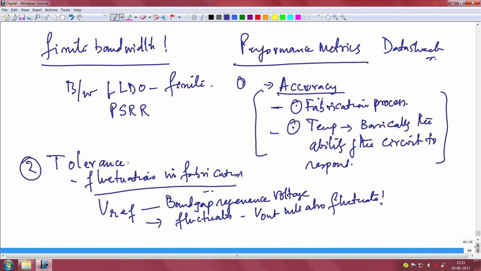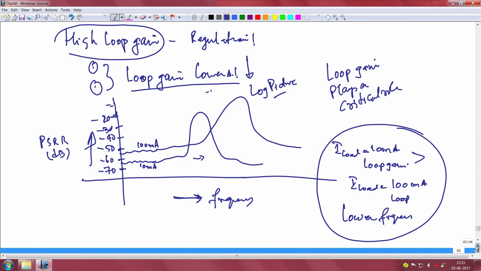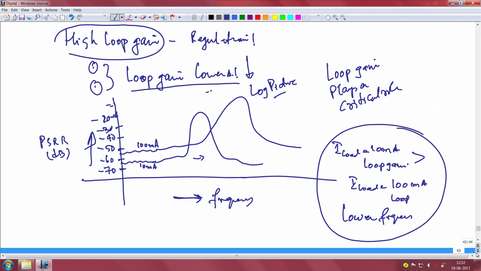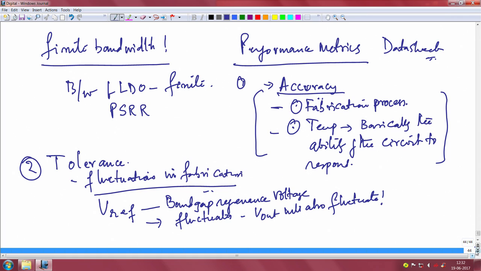I hope you will agree, because we have been discussing LDOs so much, that V out depends on this Vref, and if this fluctuates, this V out will take a beating as well. So, all the control loops, all of it means that you must look at the tolerance of the LDO. The data sheet parameter should tell you something about the tolerance of the LDO as well.